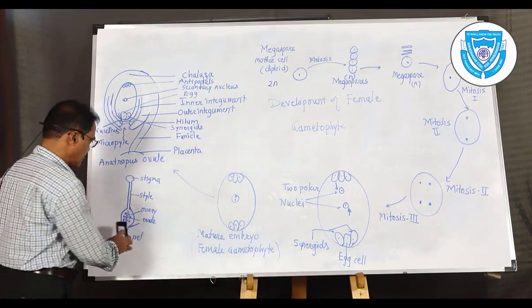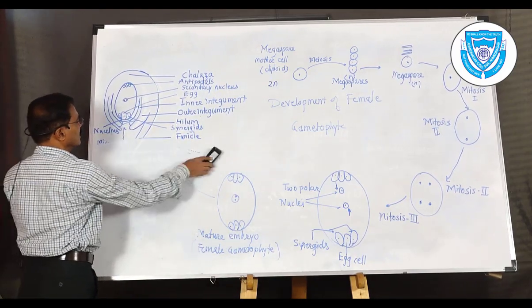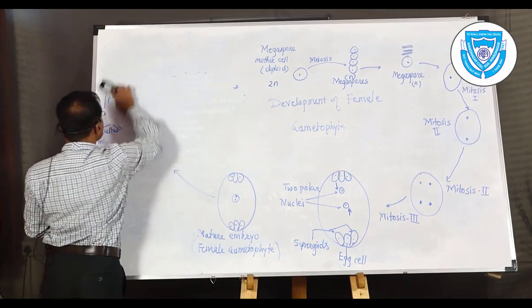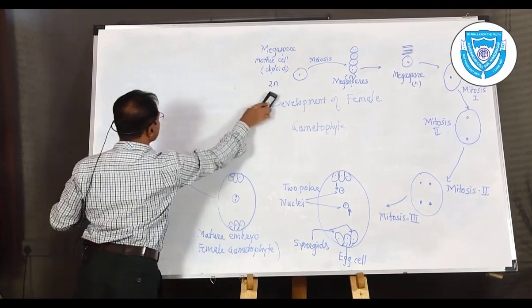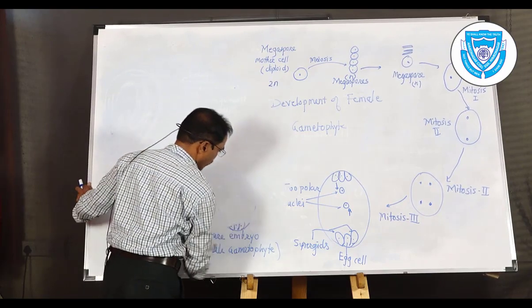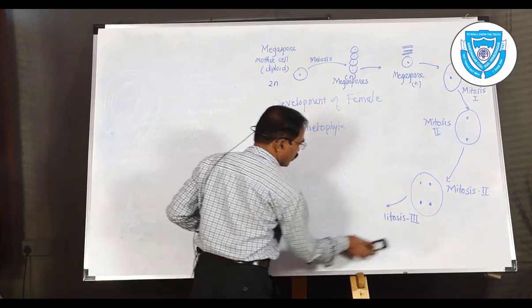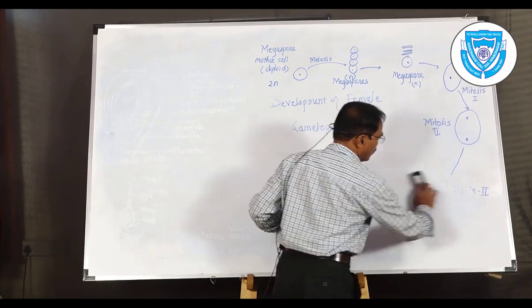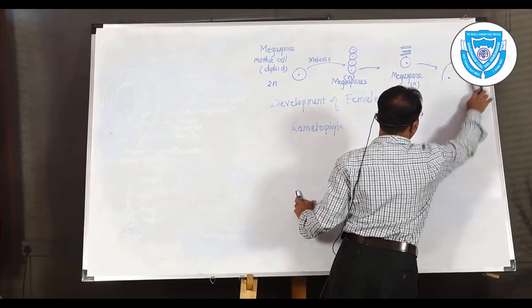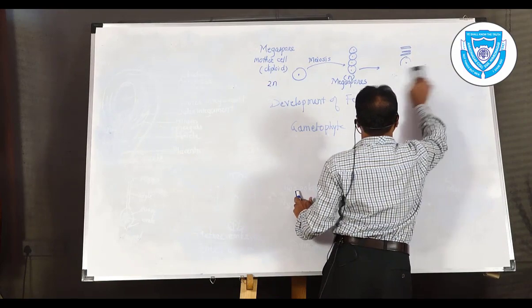And before fertilization, as you know, certain steps must be taken, because fertilization needs both the gametes, the male gamete as well as the female gamete. But these two gametes are non-motile.